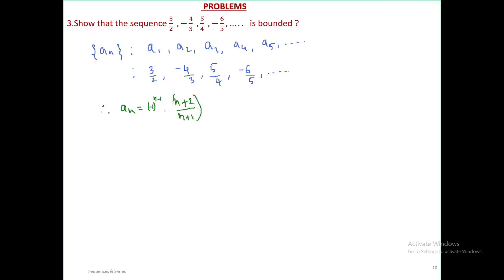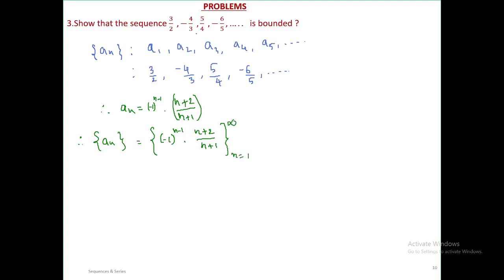So this will be the nth term. Now substitute n is 1, n is 2, n is 3, and the terms can be generated. So the sequence an is minus 1 raised to n minus 1 into n plus 2 divided by n plus 1. If you run n from 1 to infinity, you will get these terms.